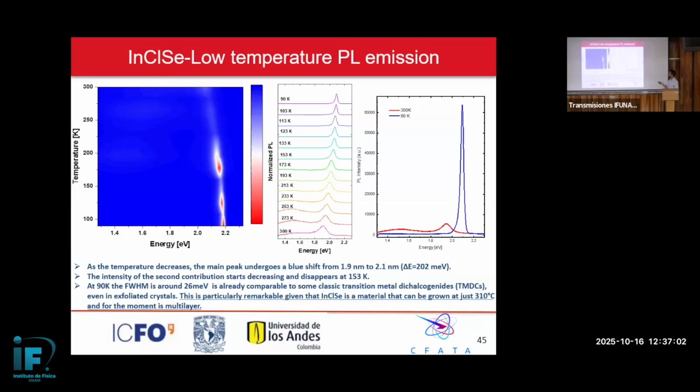For standard lasers, this is almost comparable with the full width at half maximum of this laser. And still, this is a semiconductor that has been grown at 300 degrees.